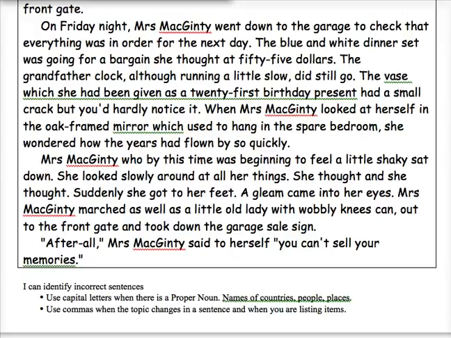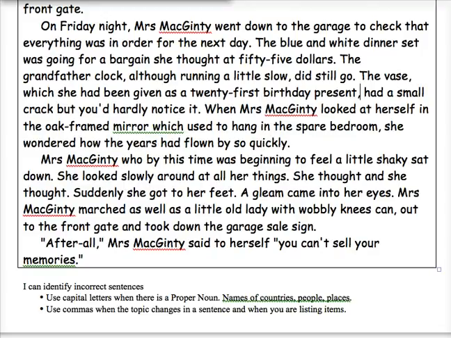The vase, as you can see here, the vase, and then the next bit goes, which she had been given as a 21st birthday present, and then that's the extra piece of information, had a small crack, but you'd hardly have noticed it.